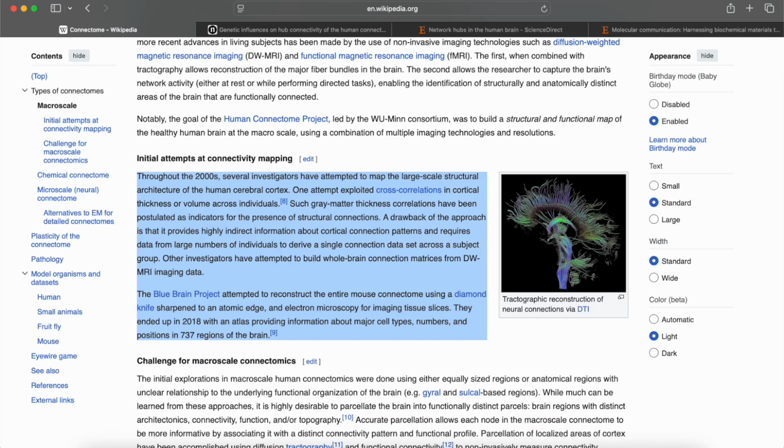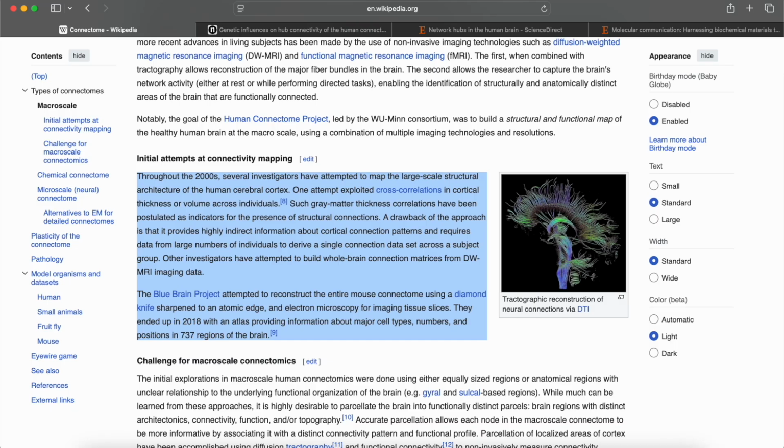A drawback of the approach is that it provides highly indirect information about cortical connection patterns and requires data from large numbers of individuals to derive a single connection dataset across a subject group. Other investigators have attempted to build whole brain connection matrices from DW MRI imaging data.